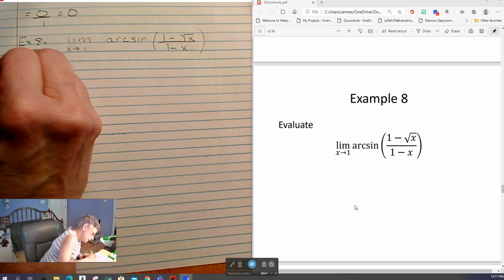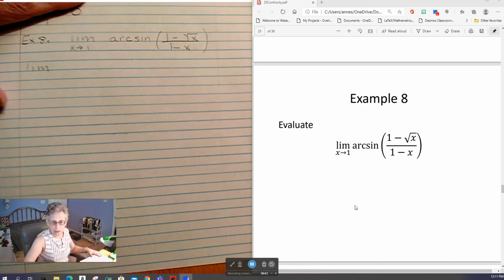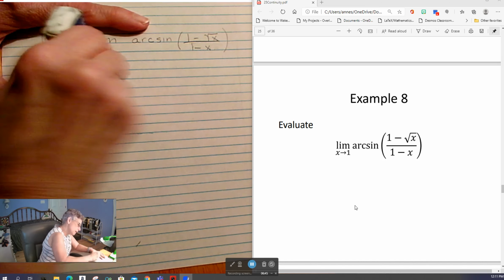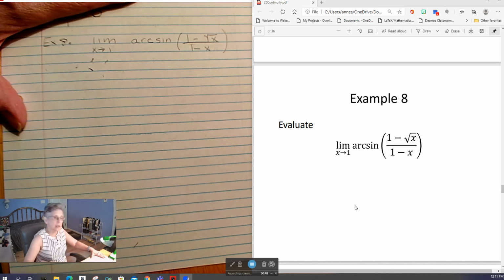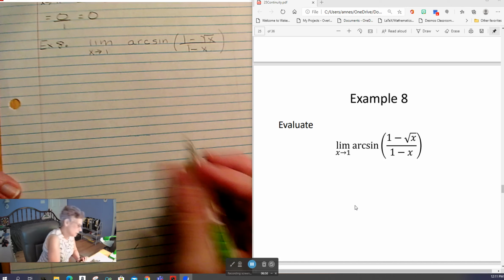So we look at the limit. Actually, I'm not going to rewrite the limit there because I'm going to pull the limit inside the arc sine function.